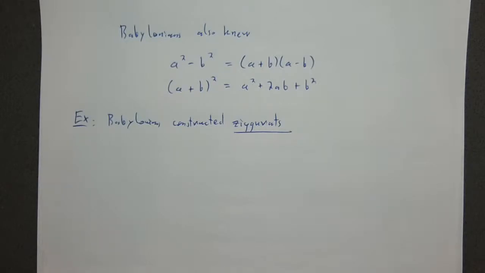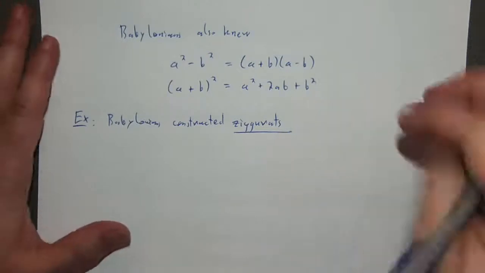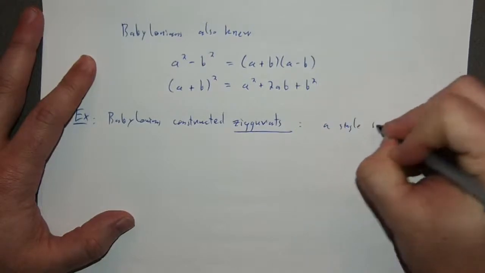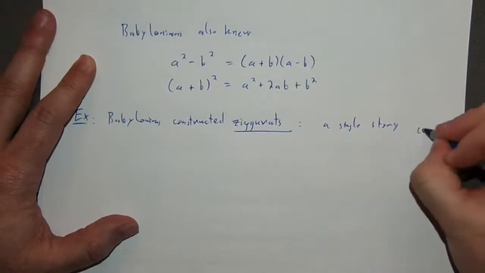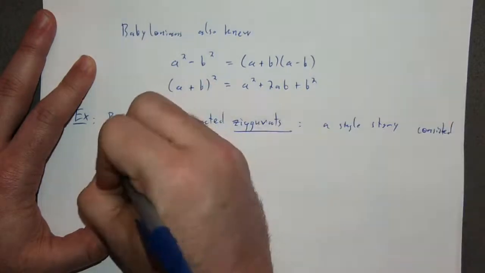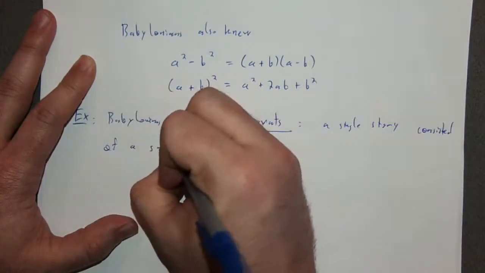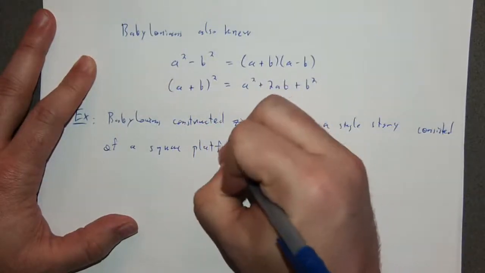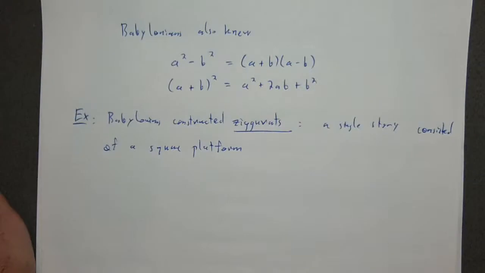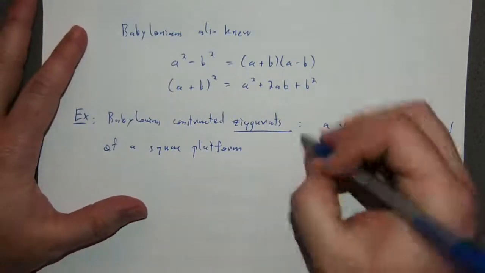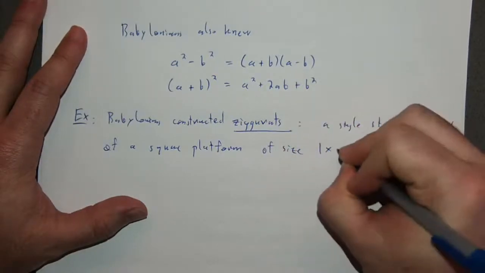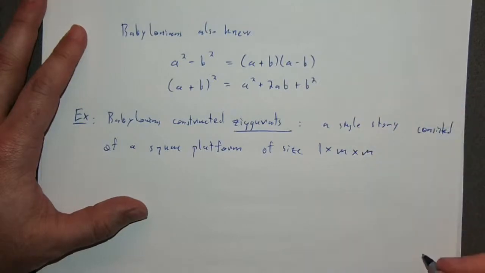So say a ziggurat's single story consisted of a square platform, and we'll say we have normalized this in such a way that this square platform is of size 1 by m by m.